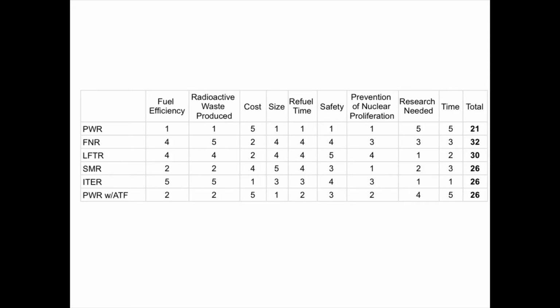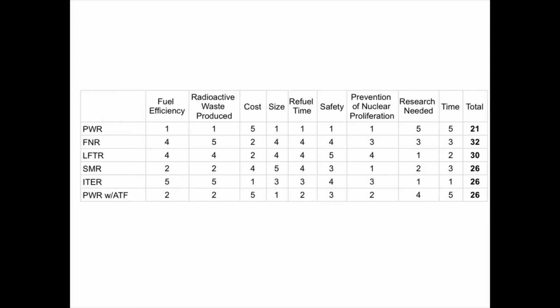While we would be waiting for those types of fast neutron reactors to be researched and built, I believe that the pressurized water reactor with accident-tolerant fuel, which if you go back to the chart is the last row, would be a good way to improve the reactors we have now.